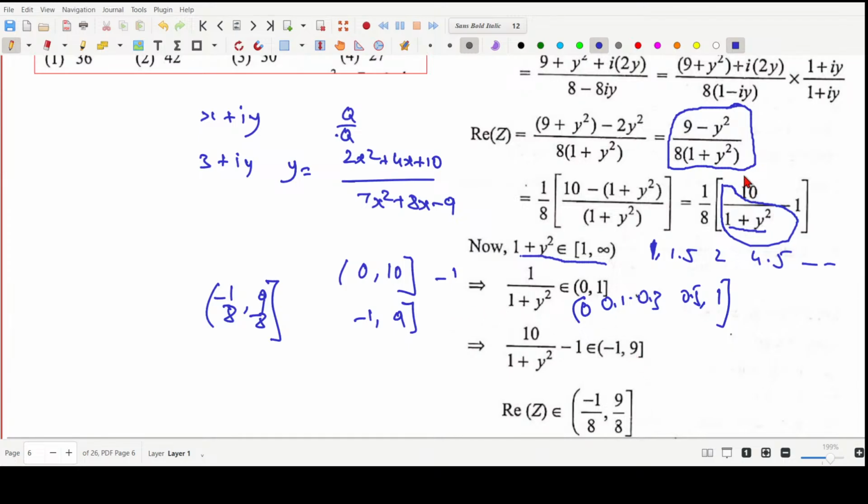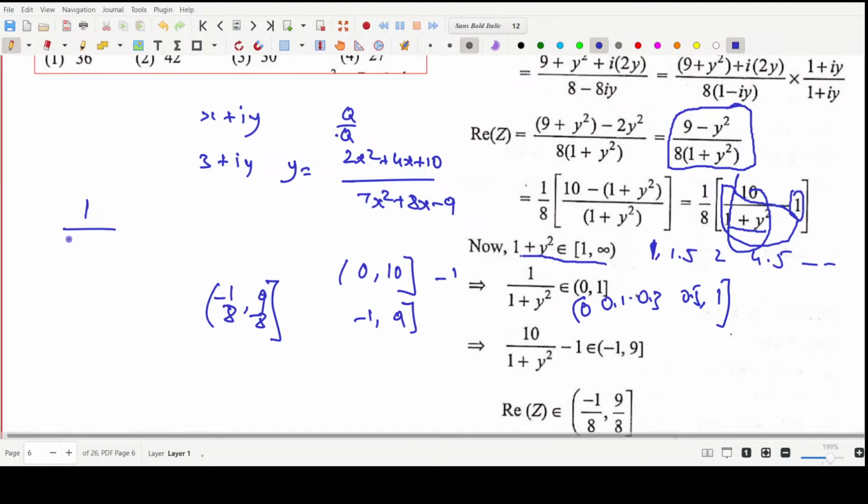So then this entire part, minus 1, will lie between minus 1 and 9, right? Got it? Okay, see, 1 by 1 plus y square is lying between how much?